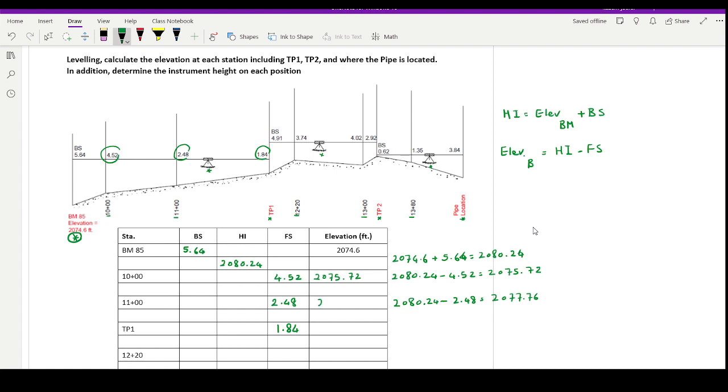I transfer it here, 2077.76, and this one is going to be 2080.24 minus 1.84, and this is going to be 2078.4, and I write it in here.